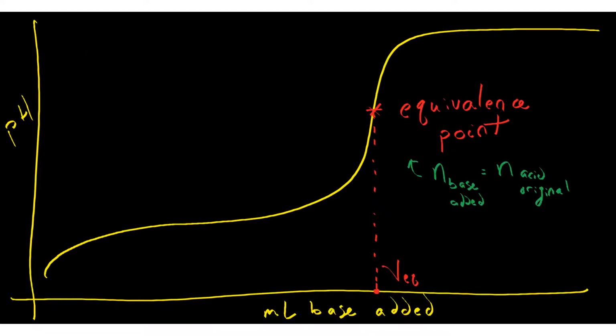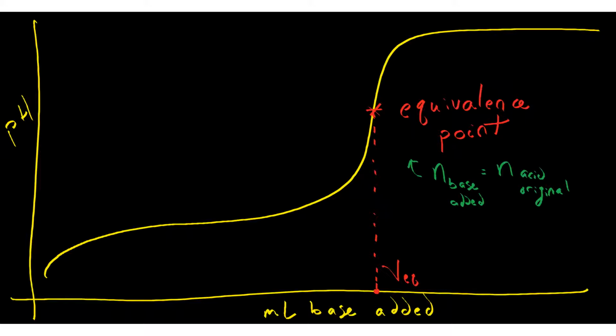So I just want to emphasize that at the equivalence point, the moles of base you have added to your solution are equal to the moles of acid you originally had. And that's kind of helpful because you've been doing not just a mixture this whole time. You've been diluting this whole time. So concentrations have been changing, but moles, those are forever.